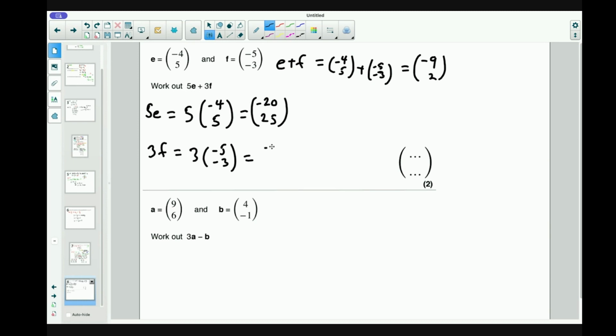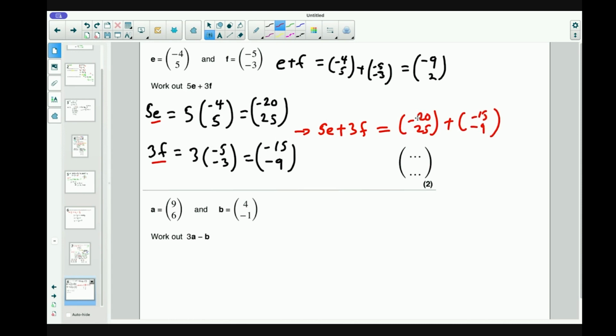So 3 times -5 is -15, and 3 times -3 is -9. Since we are now adding the two together, 5e plus 3f is -20, 25 plus -15, -9. We add them straight across: -20 plus -15 gives you -35, and 25 plus -9 gives you 16.